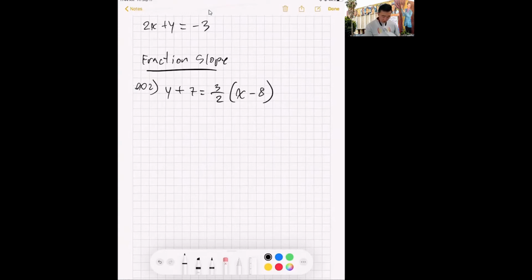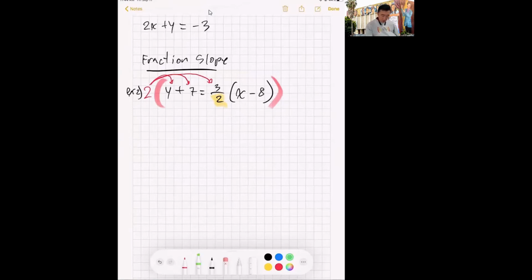The easiest way to get rid of a fraction is to distribute whatever the denominator is. In this case, the denominator is a 2. So I'm going to distribute a 2 to 3 of the terms: this one, this one, and the fraction. That's it.